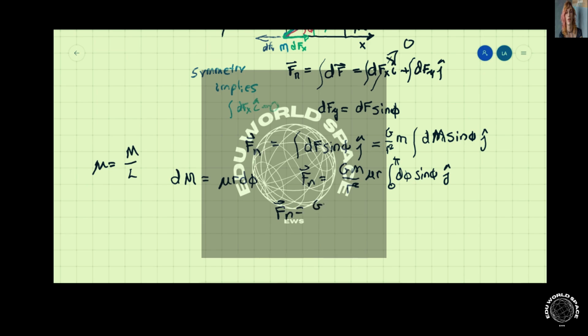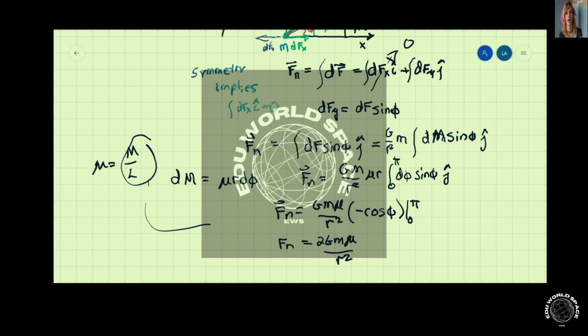F net equals G lowercase m times mu over r times minus cosine of phi integrated from 0 to pi. If you work that out, you'll see that the answer is 2, and then we can write F net equals G lowercase m times mu over r times 2. And that's just the magnitude of it.